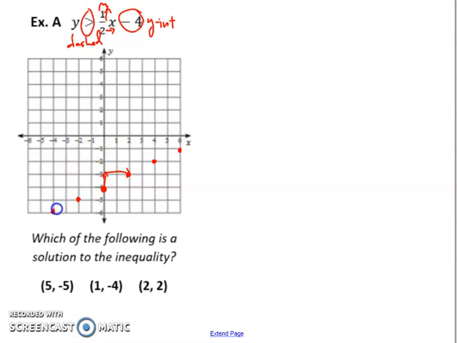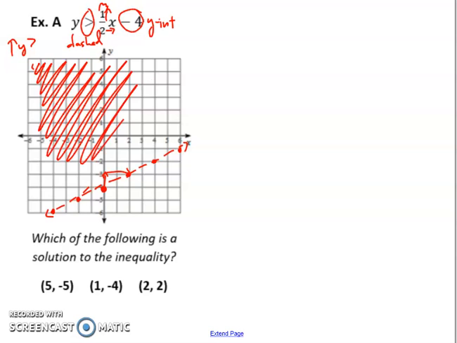So I'm going to use a ruler, but I don't have one, so we're going to pretend I'm drawing a straight line here. All right, you should have a straight line. So we've drawn the line, plotted points, drew our dashed line. The last thing is looking at this. This says y is greater than, so that means to shade above the y-intercept. So everything up here, and it's this whole area.